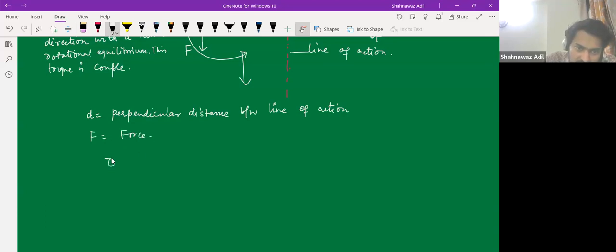So torque would be how much? This is the perpendicular distance into the force, right? So this is D into F. So this would be the couple or torque.